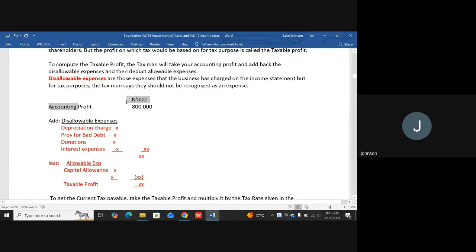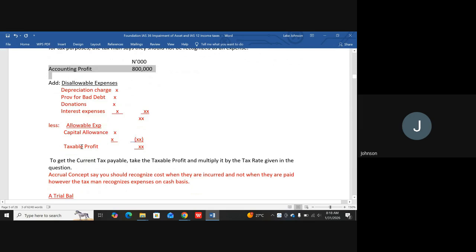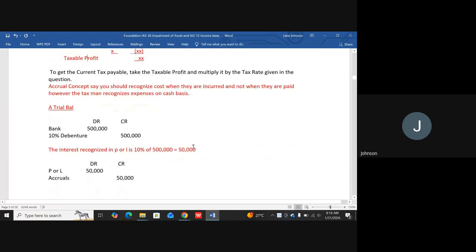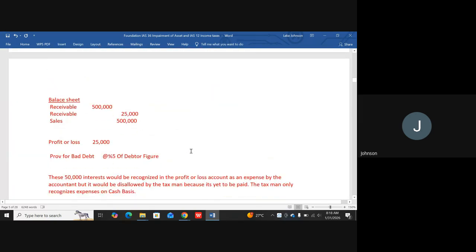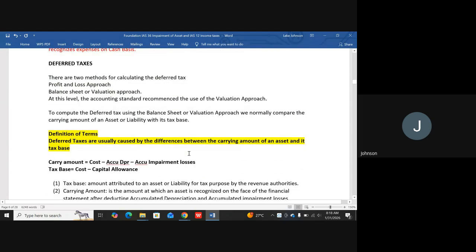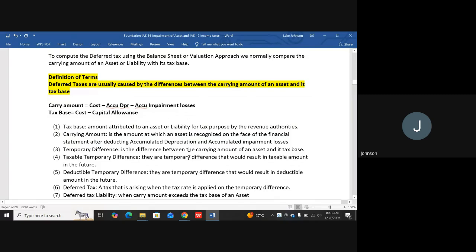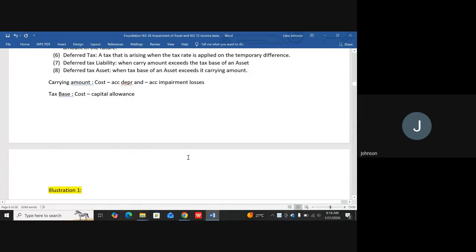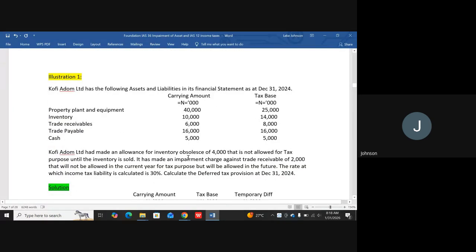He's going to add back all the disallowable expenses, then deduct the allowable expenses. At the end of the day, he's going to have what we call taxable profit. It's on this taxable profit that the taxman will multiply by the tax rate. So when you take your taxable profit and multiply it by your tax rate, you get the current tax. That's how you get your current tax in the first place.